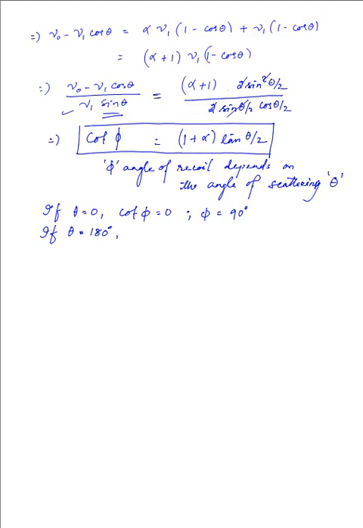bounces back, it retraces its path, it is scattered backward. In that case, we have a tangent of 180 degrees, which is again going to be 0. But it's not tangent of 180 degrees, it's tangent of 180 over 2, which is tangent of 90. Now, tangent of 90 is going to be infinite.